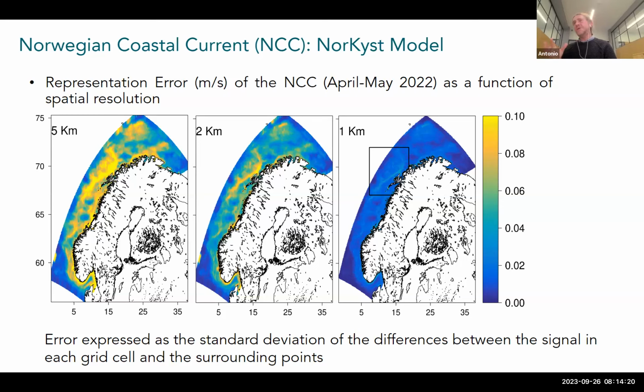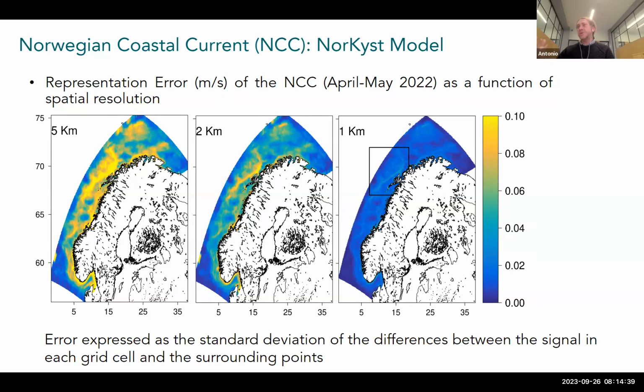Here we use a model called the NERSC model, which resolves very well at 800 meters resolution the Norwegian coastal current, and not only. And then we consider different horizontal grid spacing, and we see how the error is growing.